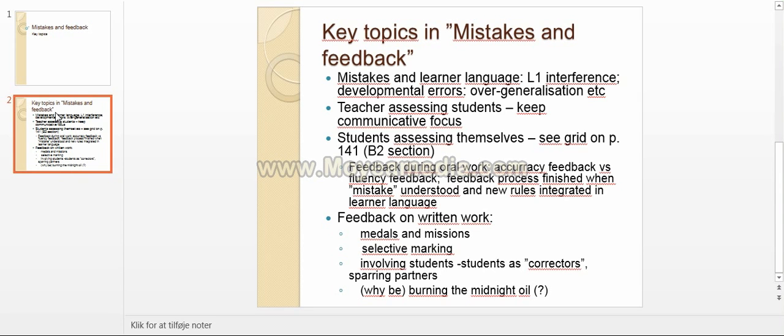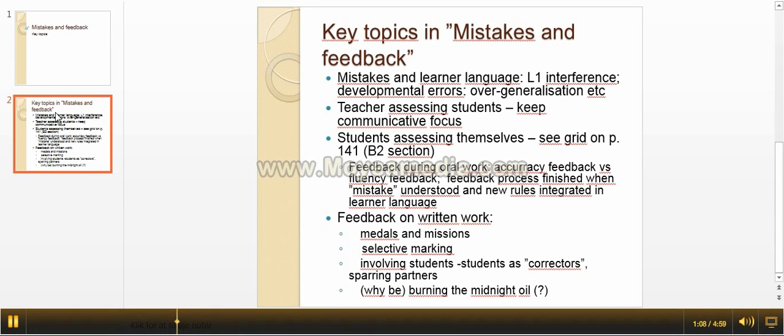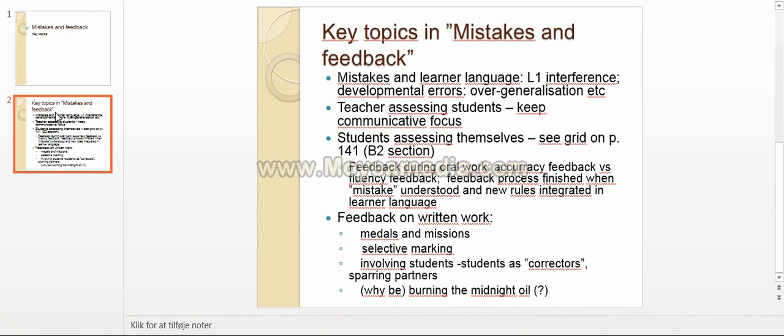Then there are developmental errors. Part of the fact is that there's a learner language, a language that's being developed, and you can argue it's a language in its own right with its own error types. Examples here are that they may overgeneralize.